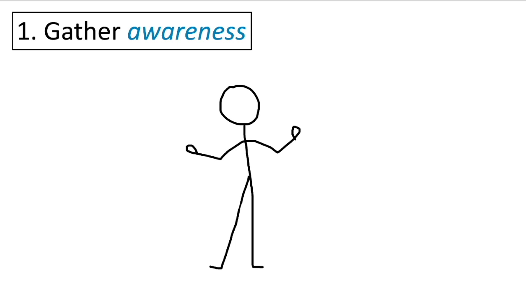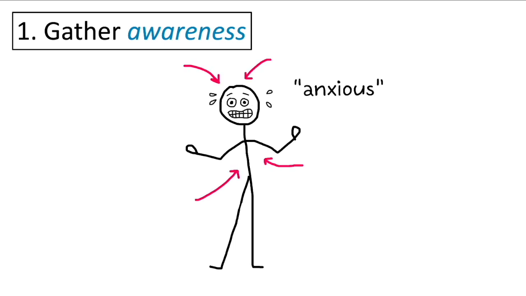So number one, gather awareness. It's paying attention to what's going on in you, in your mind and in your body. For example, if you're feeling anxious, you feel that there are some thoughts coming into your mind, and maybe your heart is pounding and restless. You're feeling it, right?